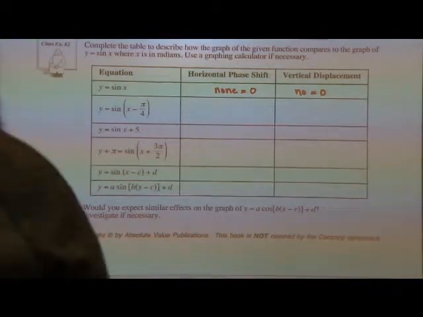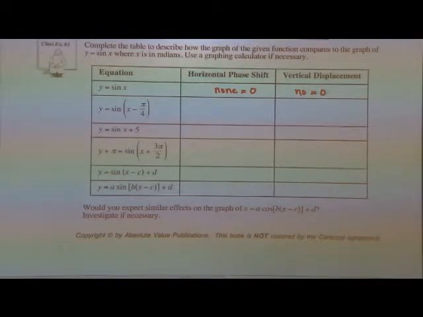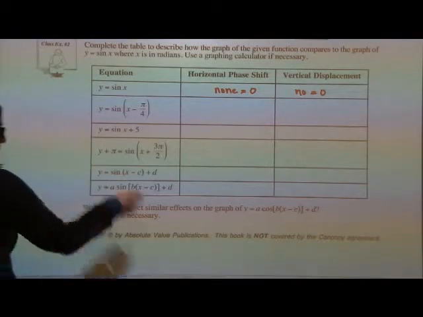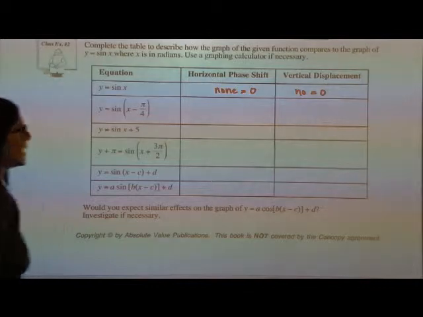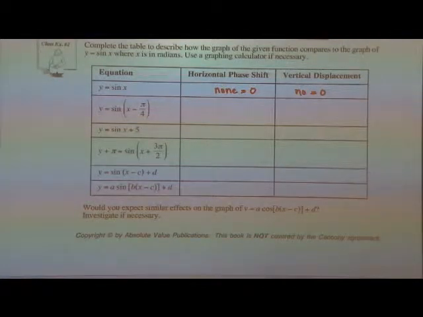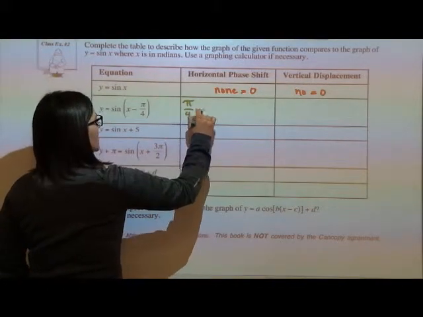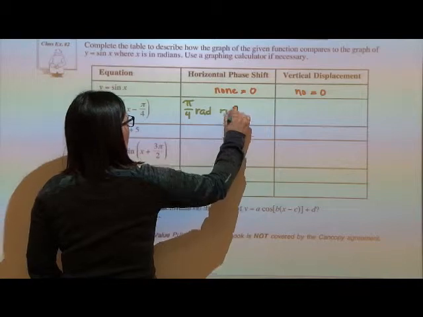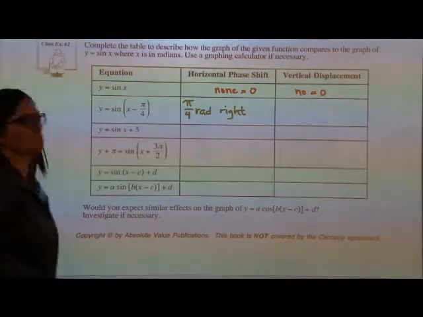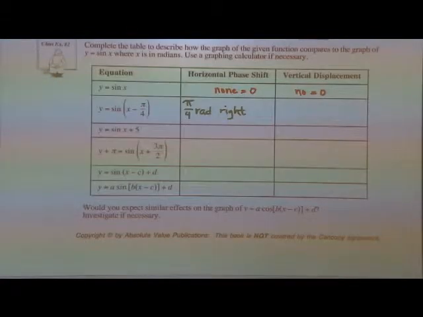Okay? What is the horizontal phase shift in the equation y equals sine (x minus pi over 4)? Pi over 4 radians to the right. So this time it's not degrees, it's radians, and the direction's to the right.